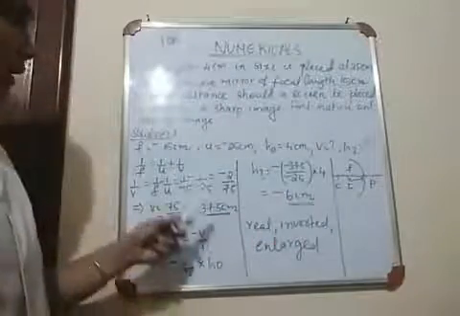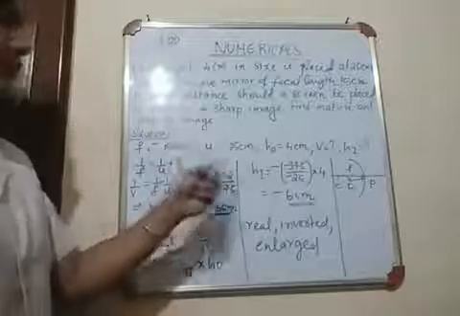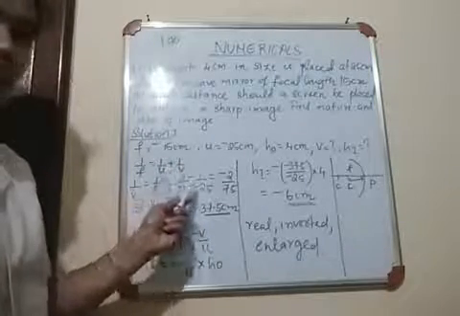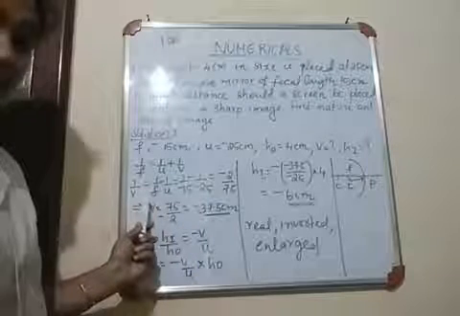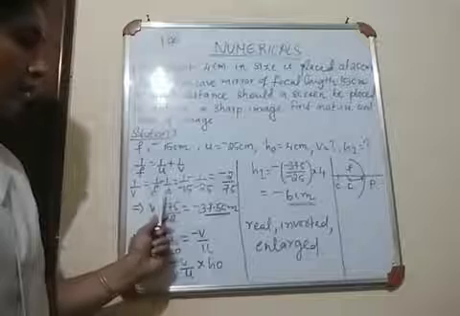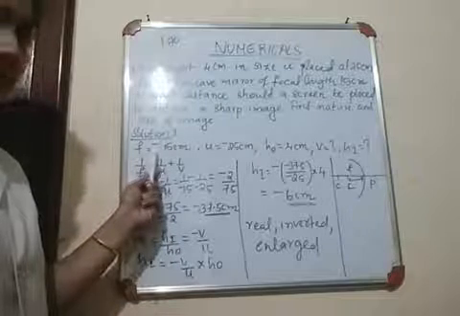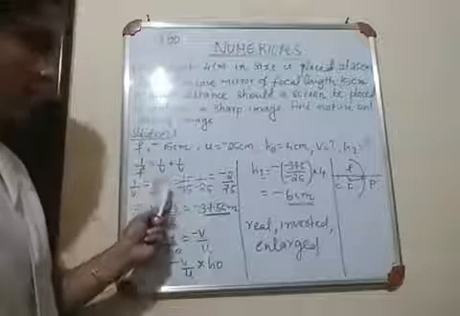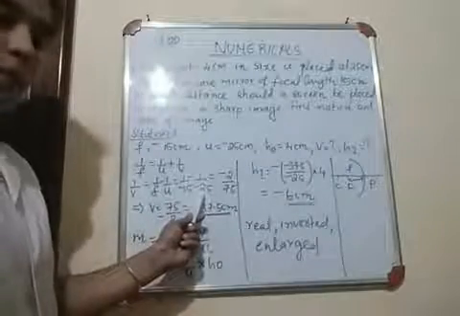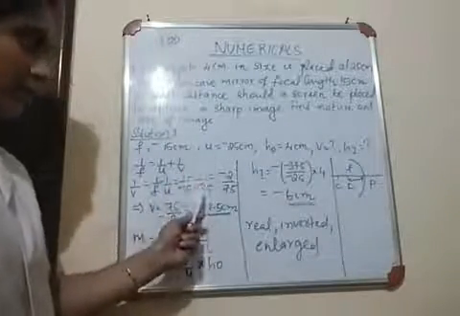So again U, F and V. Same relation, 1 by F is equal to 1 by U plus 1 by V. Therefore 1 by V equal to 1 by F minus 1 by U. What is F? Not just 15, it is minus 15. So substitute minus 15 minus 1 by minus 25 because U is minus 25.